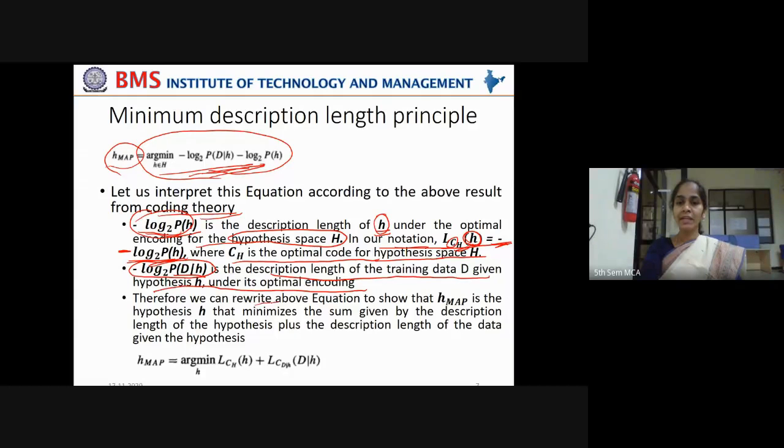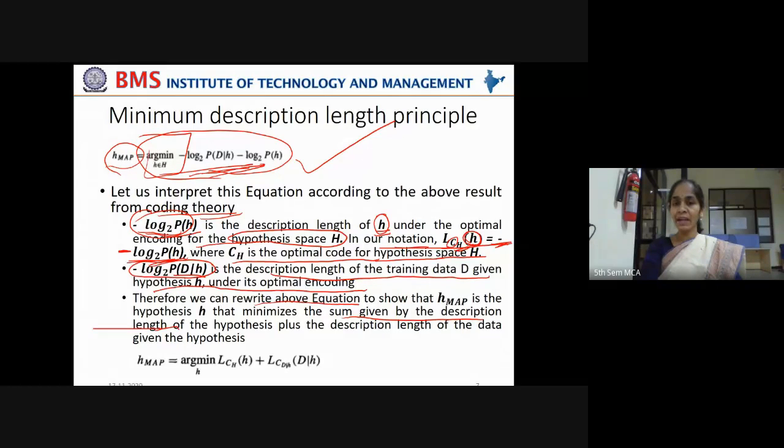Therefore, we can rewrite the above equation to show that H_MAP is the hypothesis H that minimizes, because it is argmin, you are trying to minimize the description. H that minimizes the sum given by the description lengths. Here you can represent it as a sum, if you take the minus out, right?